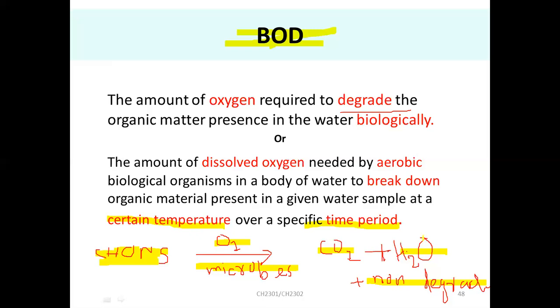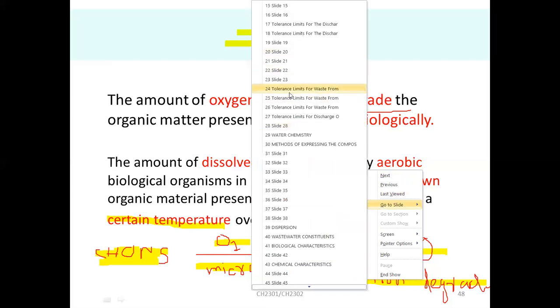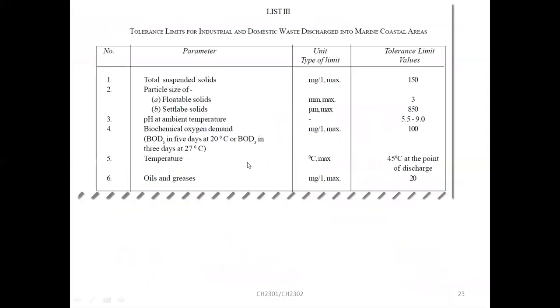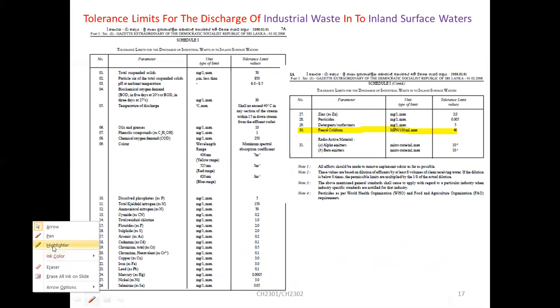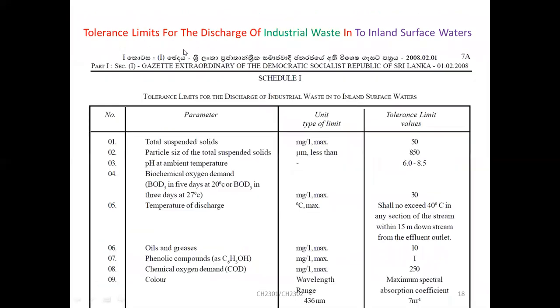So let's see what the value of BOD is in the tolerance limits that we learned in our previous lectures. This is the tolerance limit for discharge of industrial waste into inland surface water.